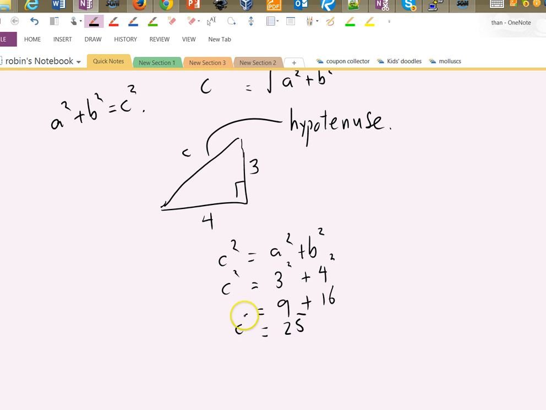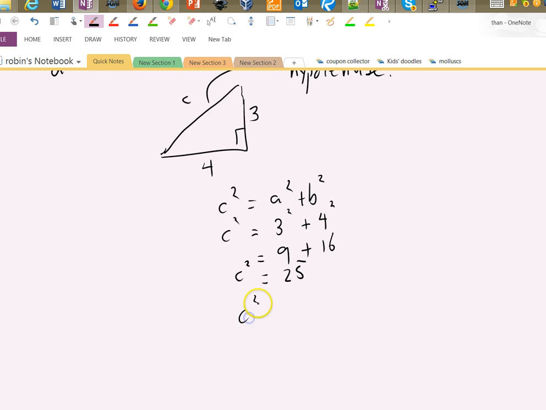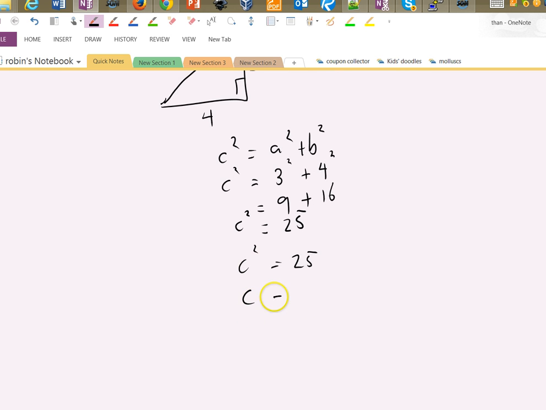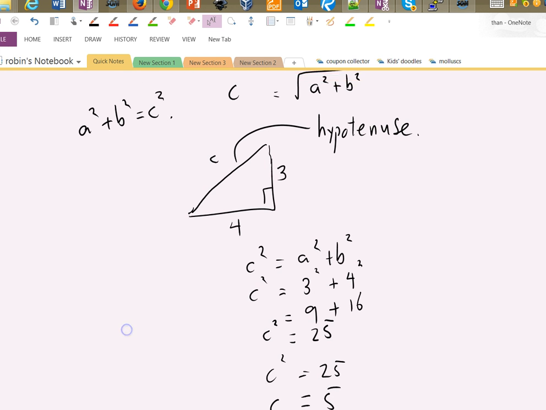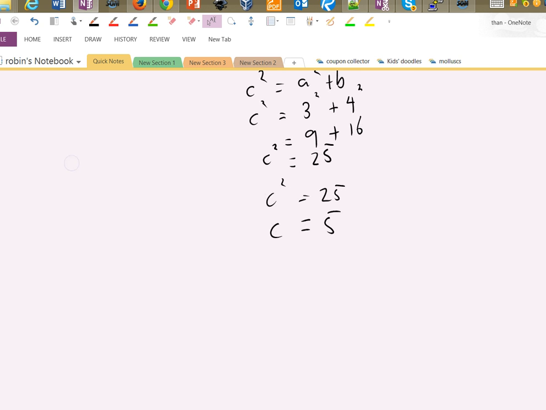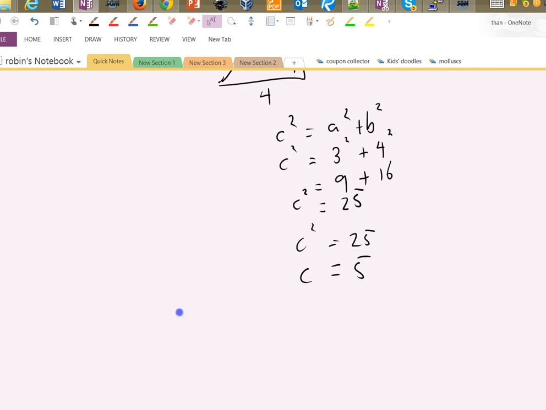So we know that c squared equals 25. See that I'm not changing the left-hand side at all. I'm just fooling around with the right-hand side. So c squared equals 25. So what that tells me is c must be 5, because 5 squared is 25. So there it is. C equals 5. Now, that's a nice simple example.